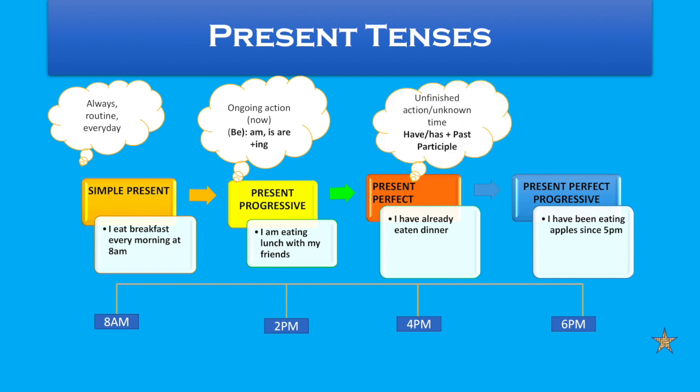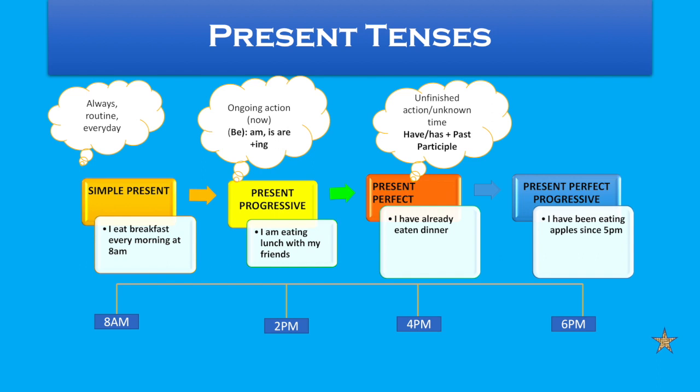So present perfect. I have already eaten dinner. So this is 4 p.m. This means that I ate dinner before 4 p.m. So in this case, it's unfinished, but you don't know at what time I ate dinner, but you know it's before 4 p.m. So here we use the present perfect for unfinished actions, for things that we don't know the exact time that it occurred, but we knew that it happened some point in the past.